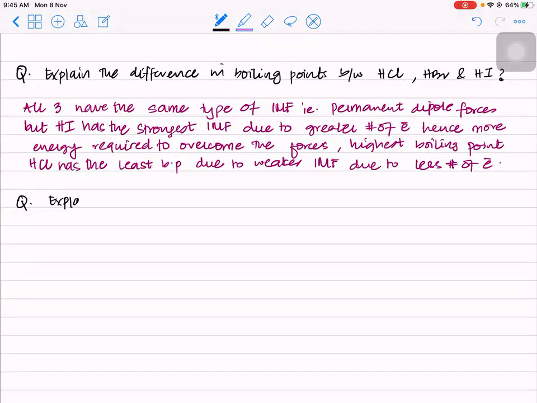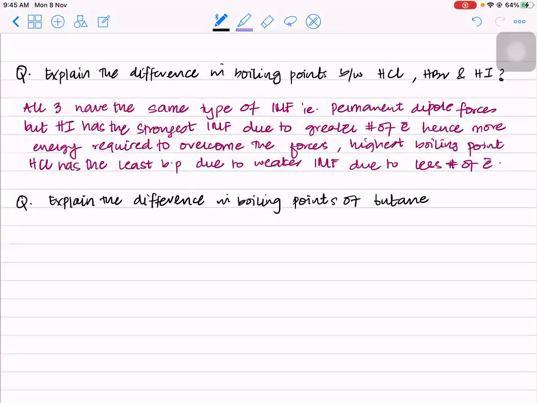Explain the difference in boiling points of butane. You guys remember from organic chemistry what butane is? C4H10, it's an alkane. Butane, and its isomer, if you remember, 2-methyl propane.